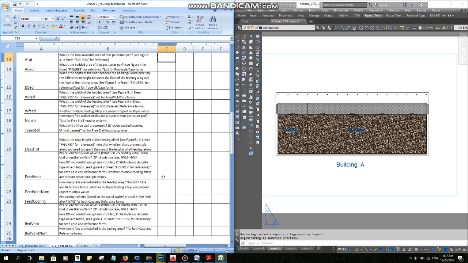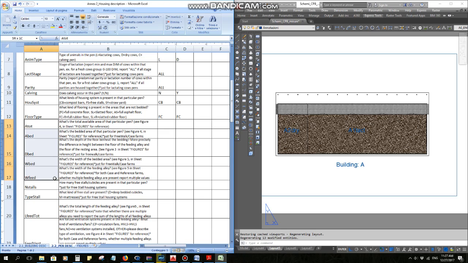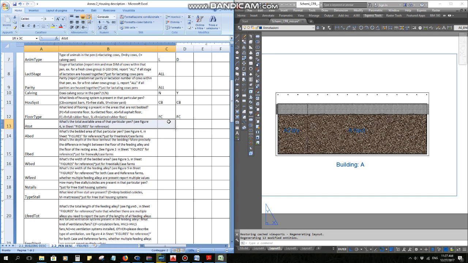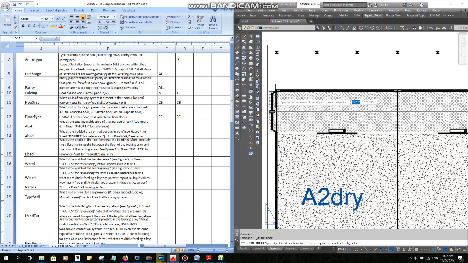What's the total area? Now we need to measure some stuff in this pen, again using the laser distance meter. The first information we are interested in is the total available area for the animals. How can we measure that? Well, in this very simple example, we just need two measures.